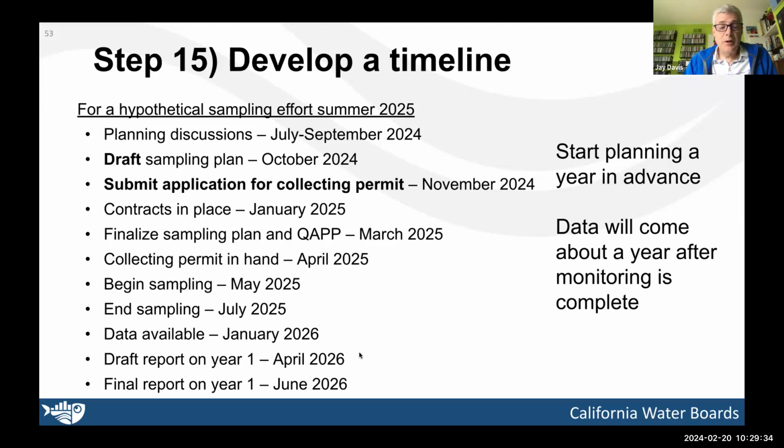And then if you want time to write the report, draft report and a final report, you probably have a final report about a year after the monitoring is complete. So it's a general timeline, but it's important to know that it does take time to get the plans in place and the permits and all the paperwork, and then it takes a while to get the data.